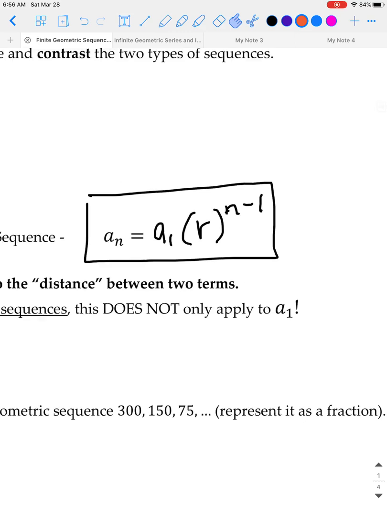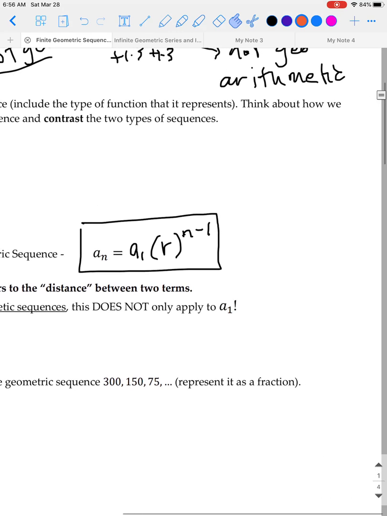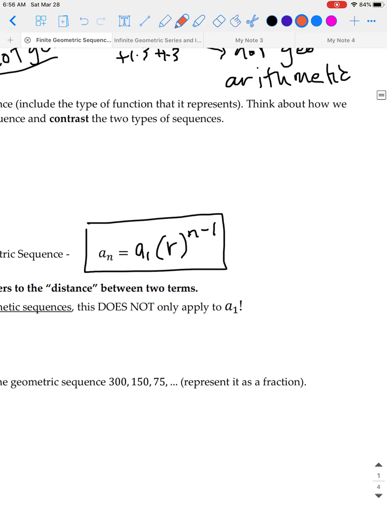But similar to the arithmetic, we don't have to have the first term. So we could have a sub n equals a sub 3 times the common ratio, but then it would be to the n minus 3 instead of n minus 1. So we'll put that as an or.